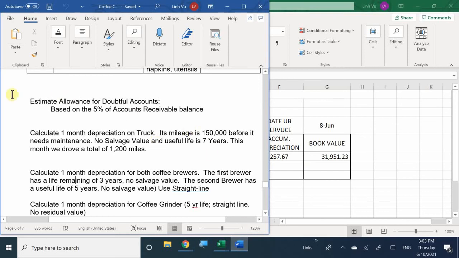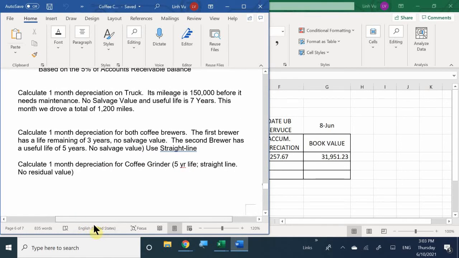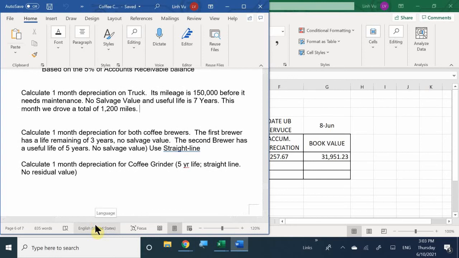So now that we completed our very first depreciation, let's see what the next depreciation is. Coffee brewers. All right, so we have 2 coffee brewers.